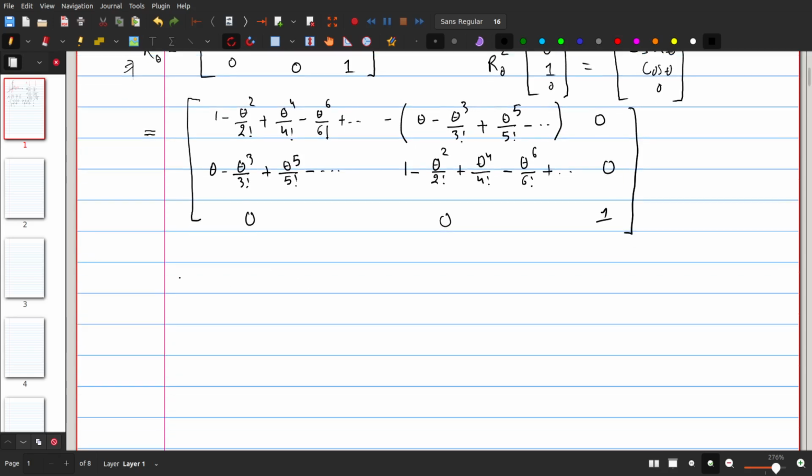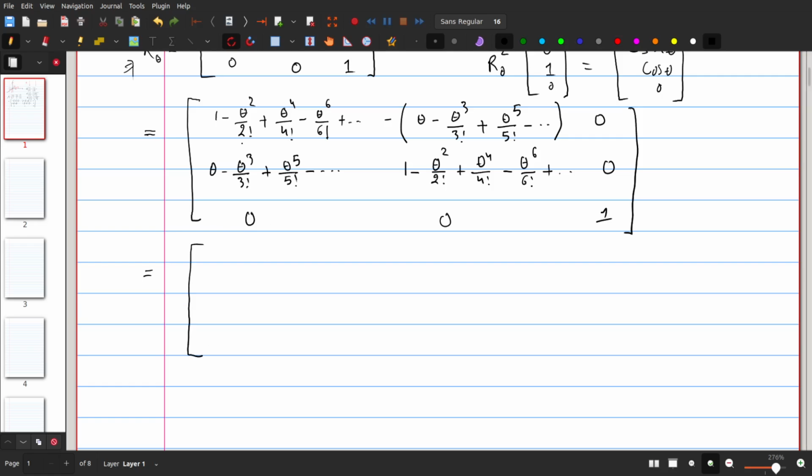Now we write this as an expansion in powers of theta, as a series in powers of theta with coefficients as constant matrices. So the first term is the constant matrix, which is the coefficient of theta to the power 0.